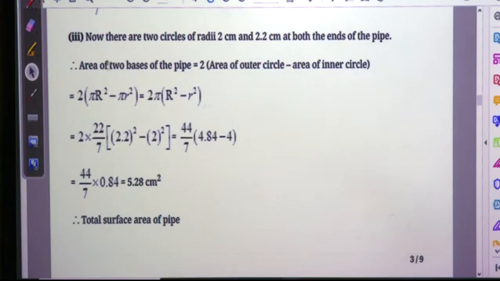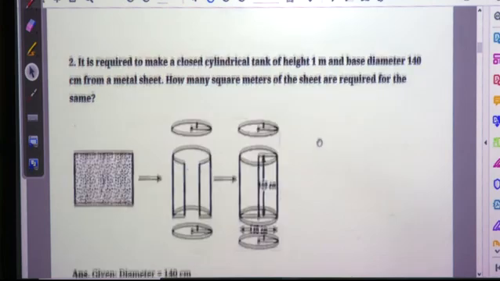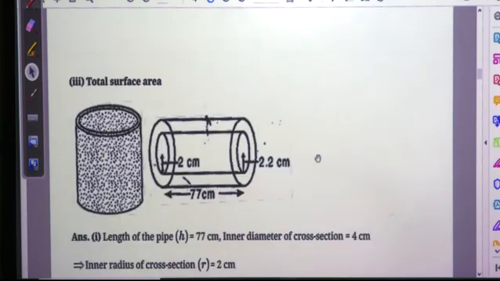Therefore, area of two bases of the pipe is equals to 2 times area of outer circle minus area of inner circle. What exactly they are telling? Area of two bases of the pipe is equals to 2 times area of outer circle minus area of inner circle. Just now whatever was been explained to us here, the same here it is.